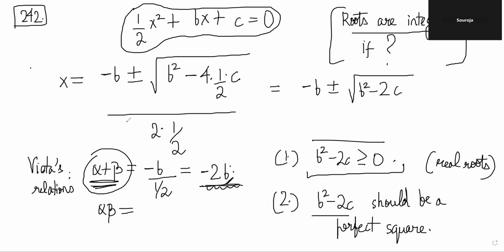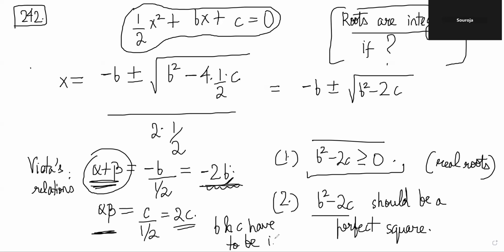And you can even say the product of the roots is c over a, c by 1 by 2. That is 2c. And c is also an integer, right? So basically for roots to be integers, both b and c have to be integers. And b square minus 2c should be a perfect square.